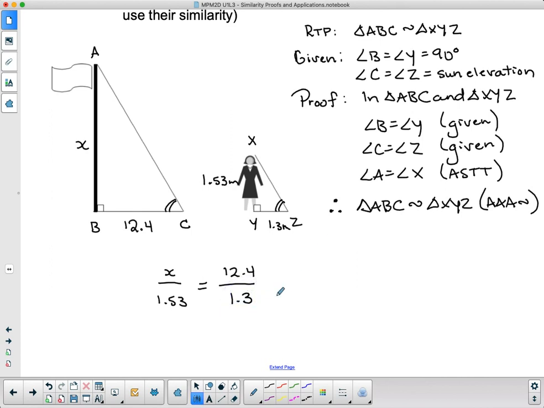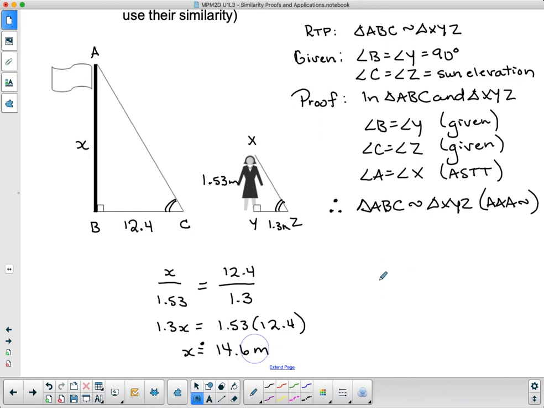And now we just have to cross multiply. So 1.3 times x is 1.3x equals 1.53 times 12.4, and then divide both sides by 1.3. And when we divide both sides by 1.3, we get 14.6 approximately.